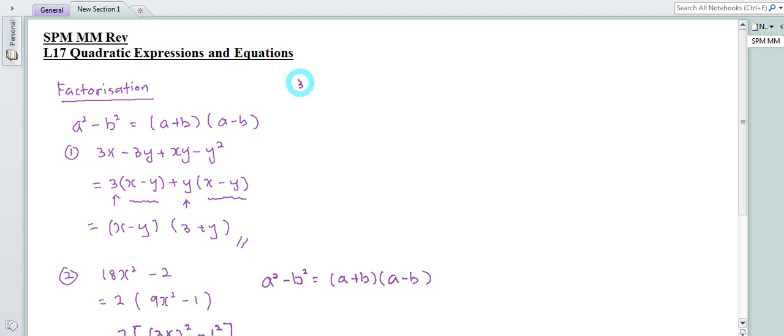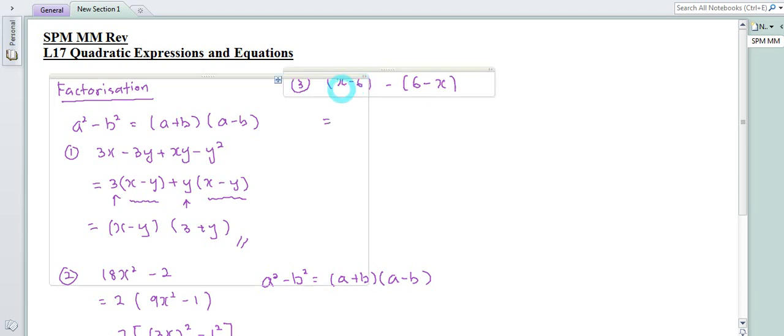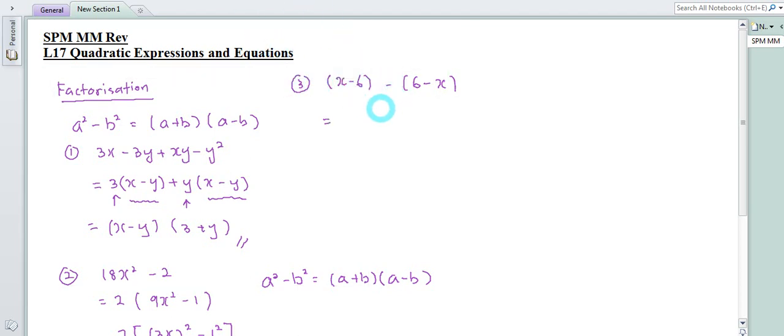Okay, we go to number 3. Now you have this one, x minus 6 minus 6 minus x. Okay, so this one, okay, I just open up the bracket first, x minus 6, okay, negative, positive, negative, negative, negative, positive, x.